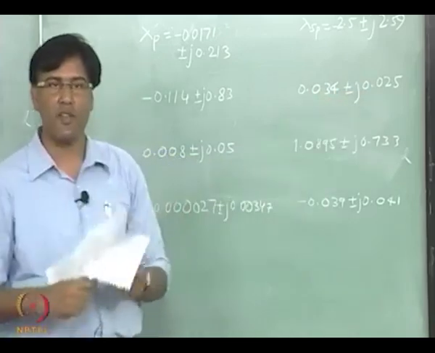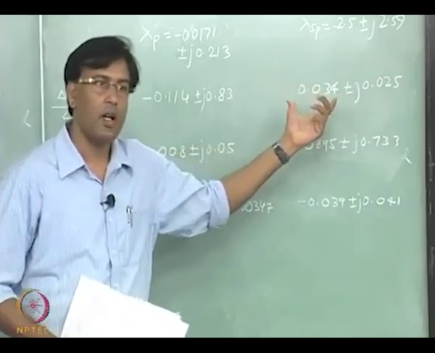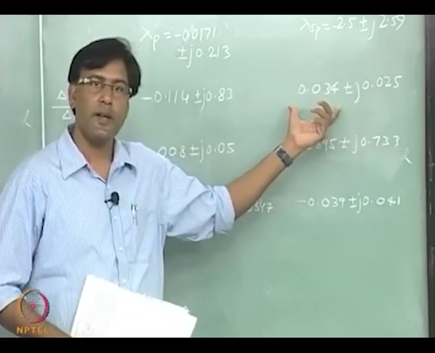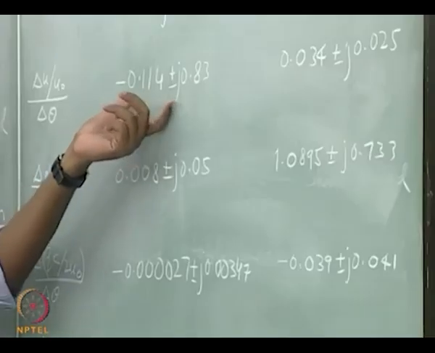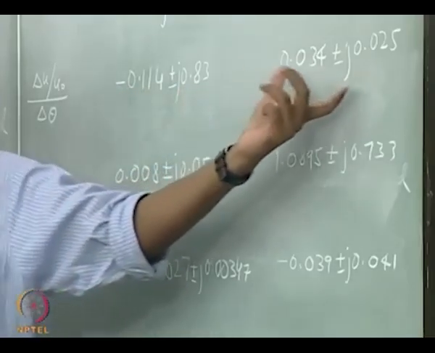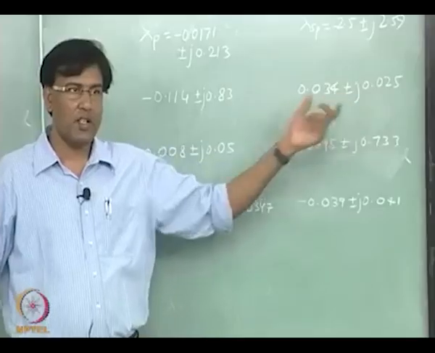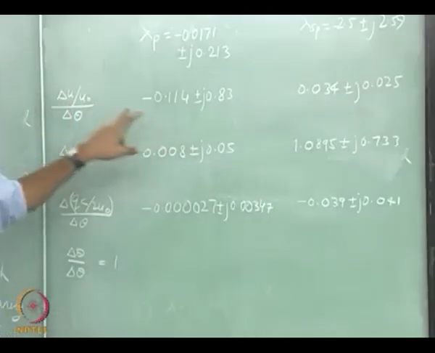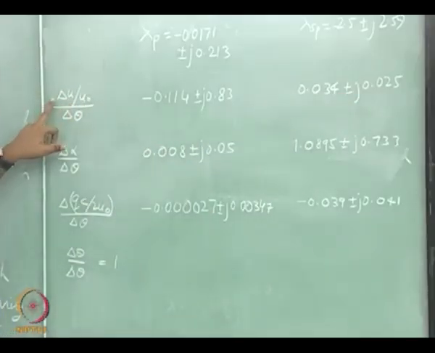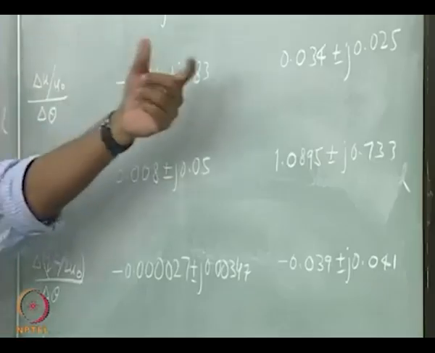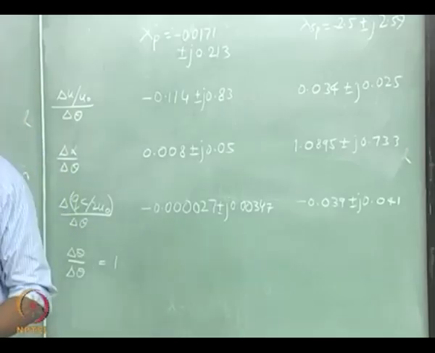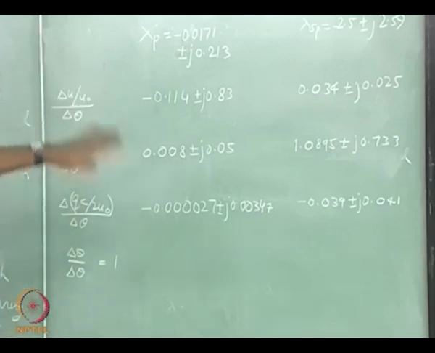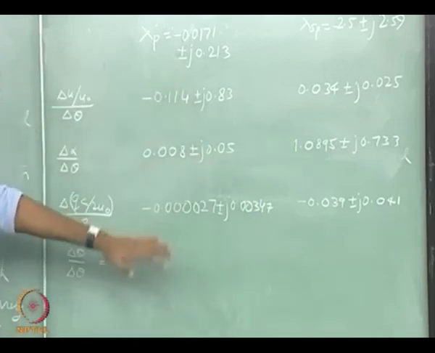Take the magnitude of that value, this number, and look at the magnitude of this number. This is very large as compared to this. So, this gives me a reason to keep this delta u as non-zero for the phugoid mode, and we can assume this delta u to be 0 for the short period mode. And these are exact numbers.